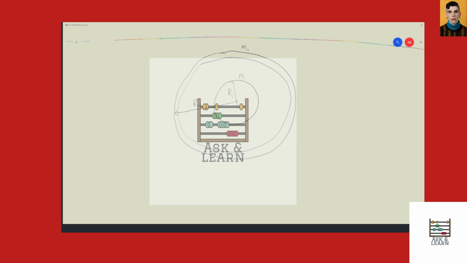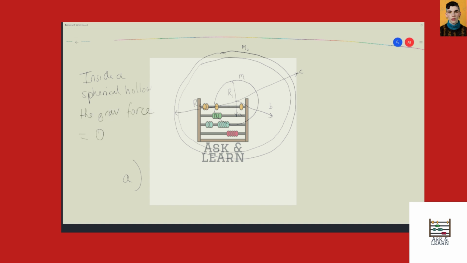And then we've got to find the force at various locations. This is point A, this is point B, and this is point C. For part A and part B, this is quite simple because inside a hollow spherical shell the gravitational force equals 0.